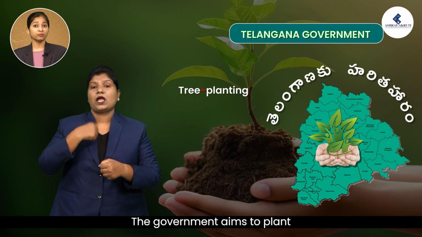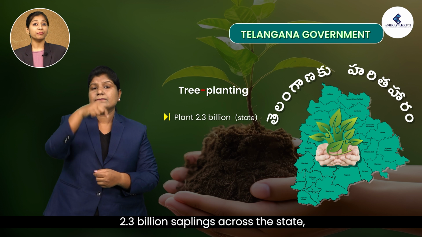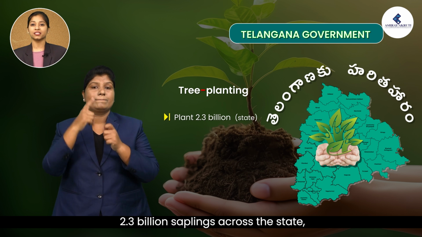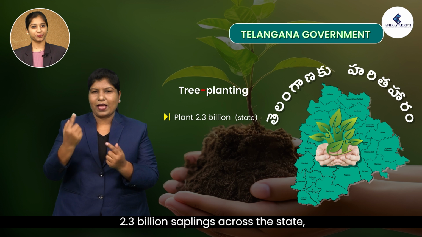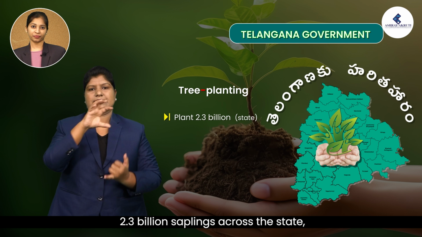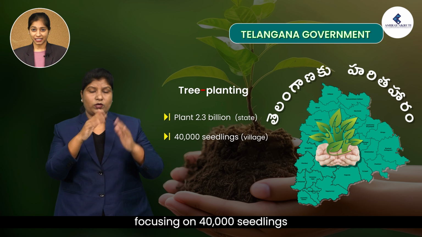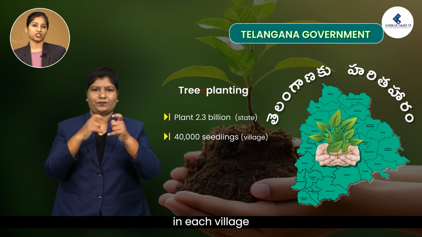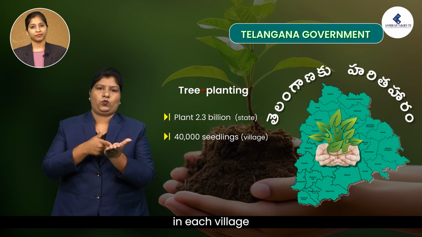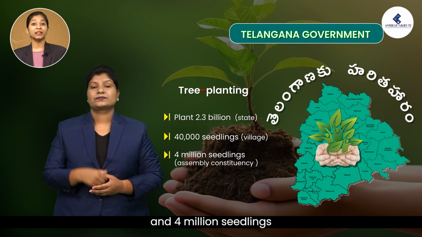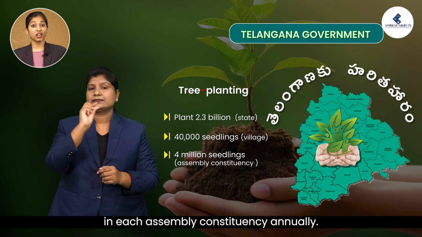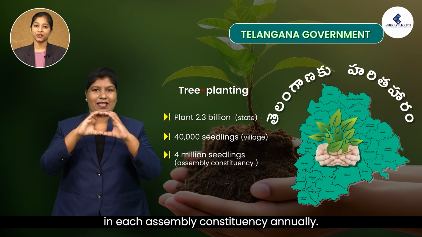The government aims to plant 2.3 billion saplings across the state, focusing on 40,000 seedlings in each village and 4 million seedlings in each assembly constituency annually.